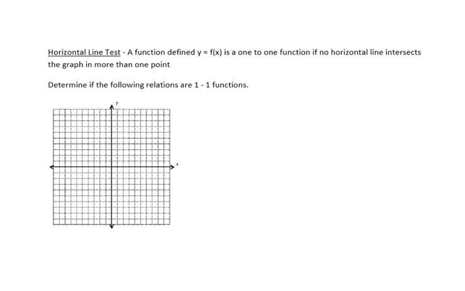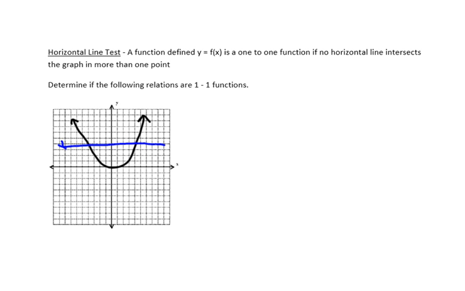So the horizontal line test: a function is one-to-one if no horizontal line intersects the graph at more than one point. All right, so let me sketch a couple of examples and let's see if we can determine if these are one-to-one functions or not. I'm going to start off with a basic parabola. Now, very quickly, can I draw a horizontal line that's going to touch the graph more than once? And the answer to that is yes.